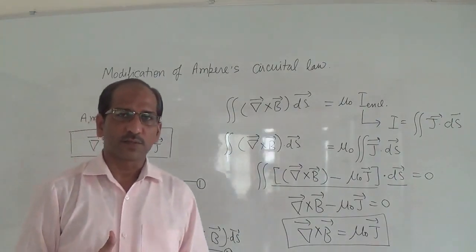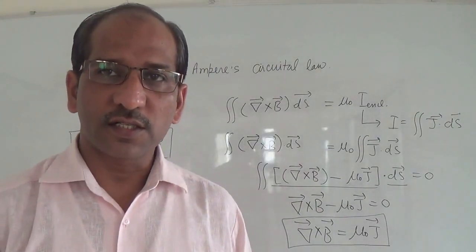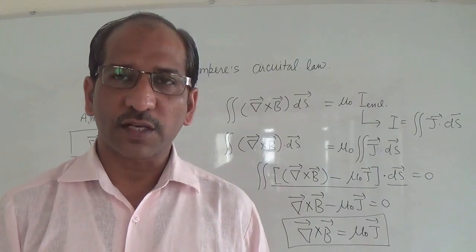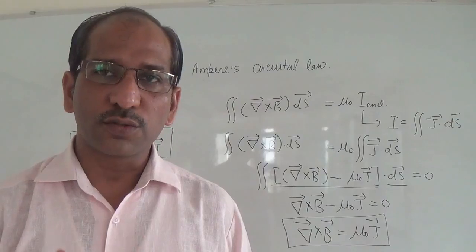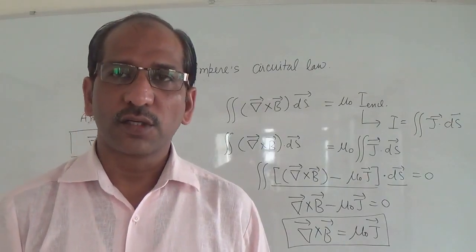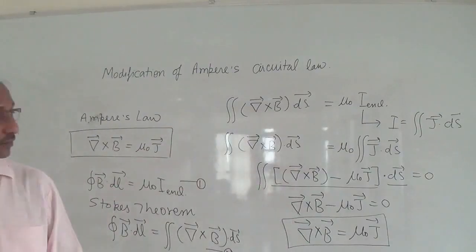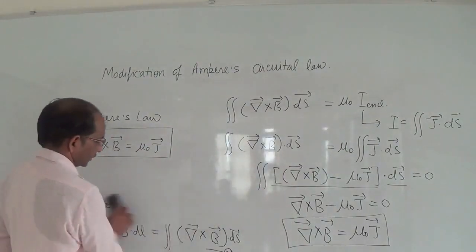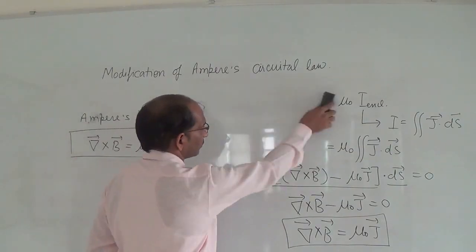Where is the problem with this Ampere's law? Where is the inconsistency? We have to check that particular point and introduce one more term, called the displacement current. I am using Ampere's law in differential form.